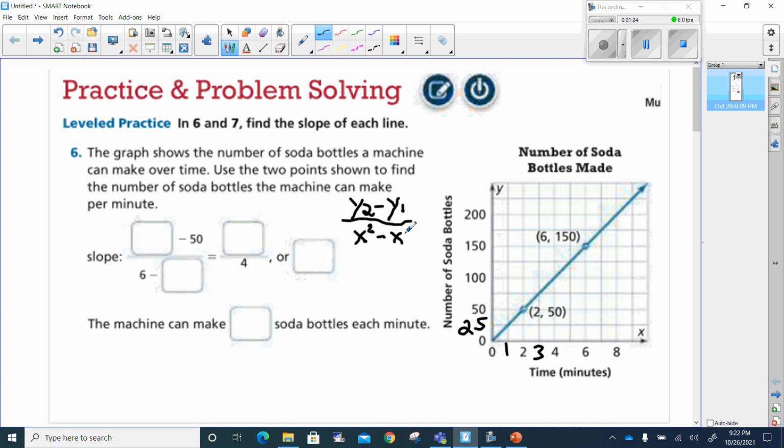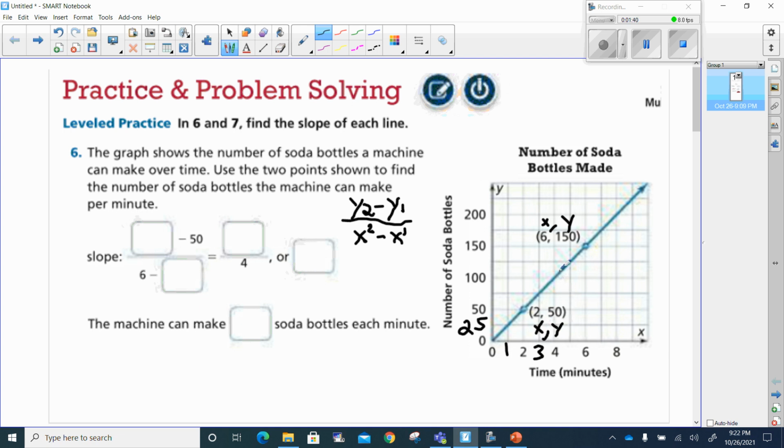And what that simply means is each one of these coordinates given to us is written as x and y. All right? And that makes it a little bit easier to understand.